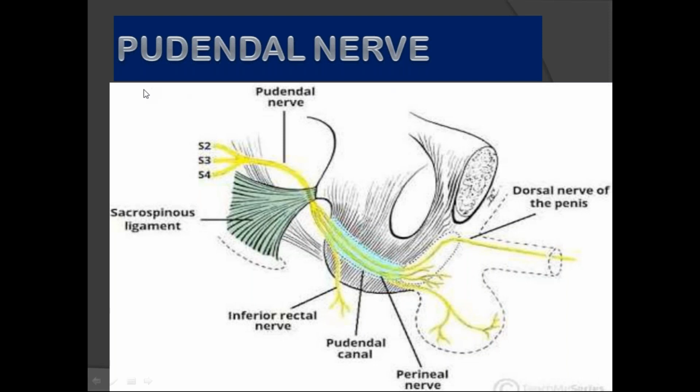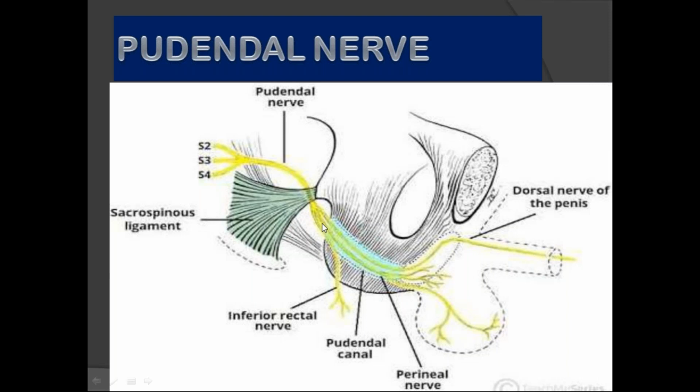After being formed in the pelvis, the pudendal nerve leaves the pelvis through the greater sciatic notch below the piriformis, then winding around the sacrospinous ligament, enters the perineum through the lesser sciatic notch and runs in the pudendal canal.